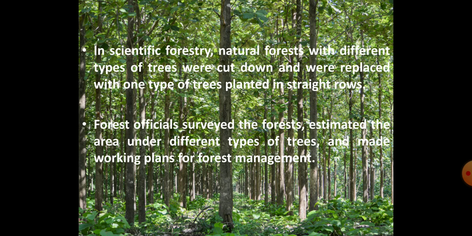The forest officials surveyed the forests and made working plans for forest management. For example, they planned how much of the plantation area to cut every year. The area cut was then to be replanted so that it was ready to be cut again in some years.